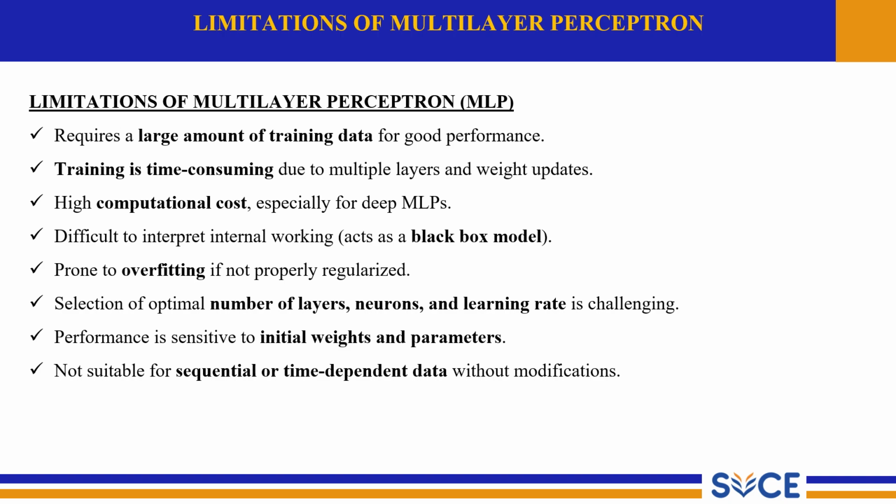The seventh one is that MLP performance is sensitive to initial weights and parameters, which can affect convergence and learning quality. Finally, standard MLPs are not suitable for sequential or time dependent data without modifications, such as using recurrent architectures. So while MLPs are powerful, their data requirements, computational cost, and interpretability issues are important to consider when choosing them for a problem.